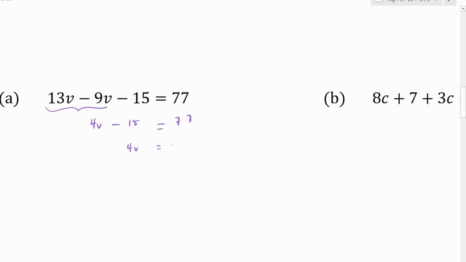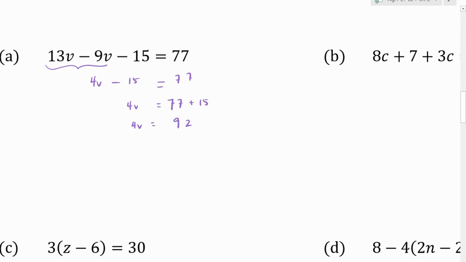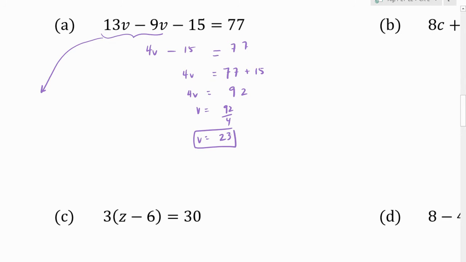And then I'm going to add 15 to both sides. So 12, carry the 1. Then I'm going to divide both sides by 4. Get an answer. And if you want to check your solution, if you plug it back in, that should be true. 13 times 23. 10 23s is 230. 3 more, 69.